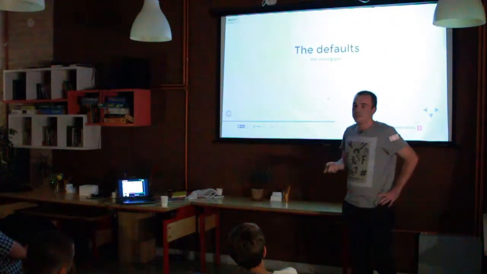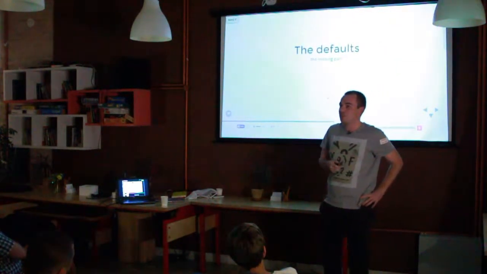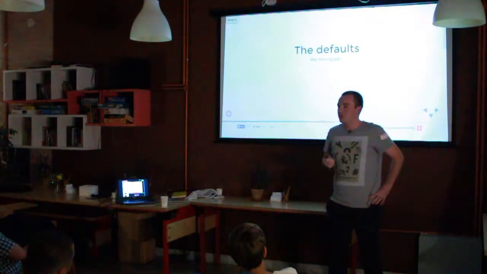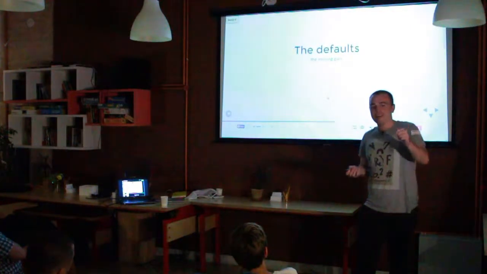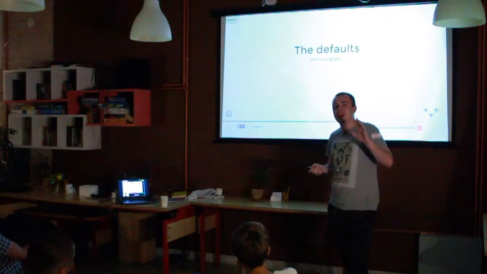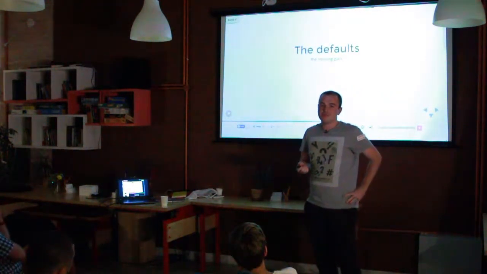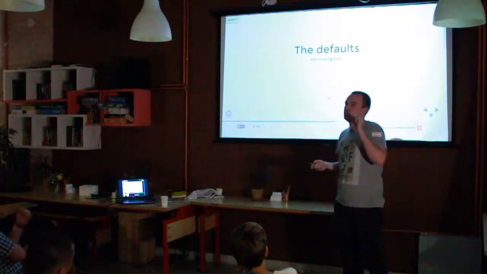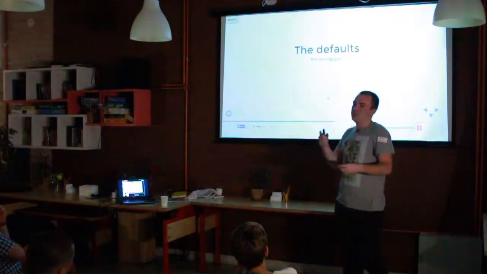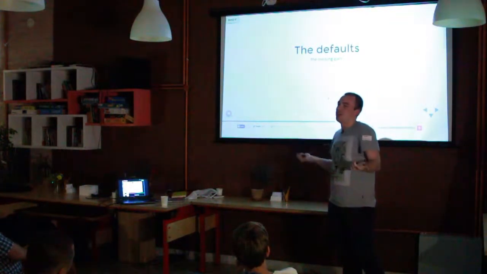What about defaults in Rails translation? What defaults do you know? Actually, we don't have them. The only default is the dot before the key, which will add the controller name and action name.